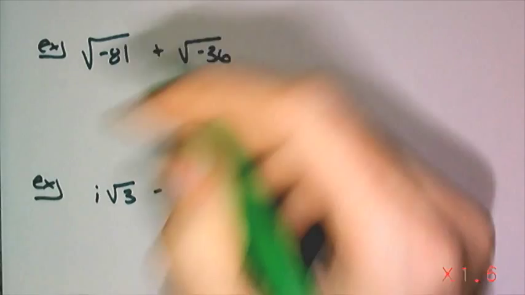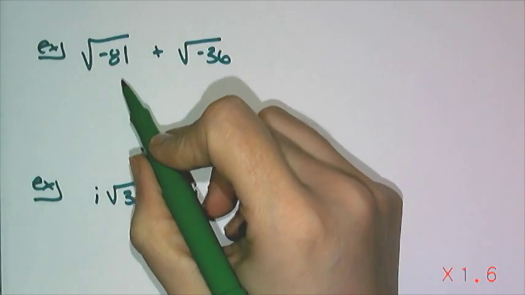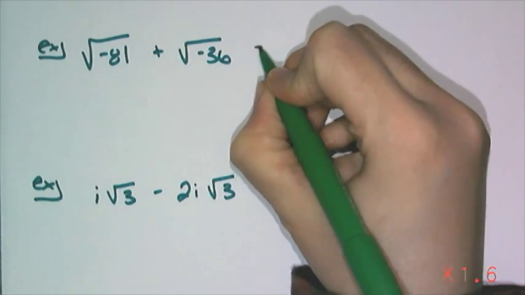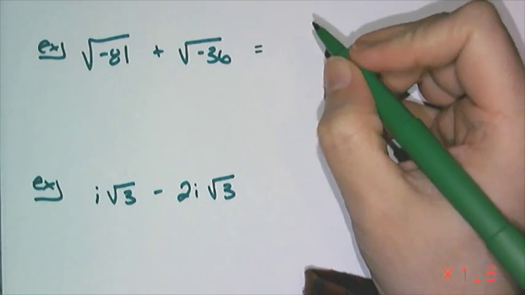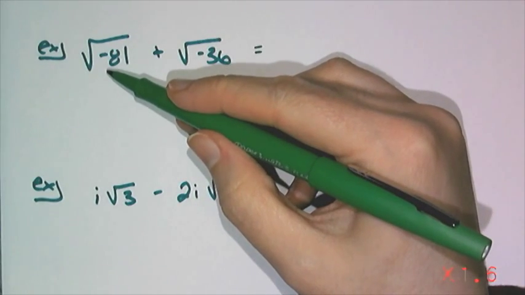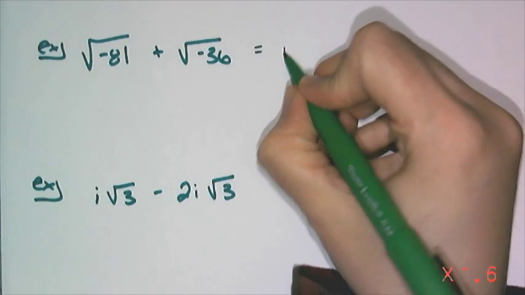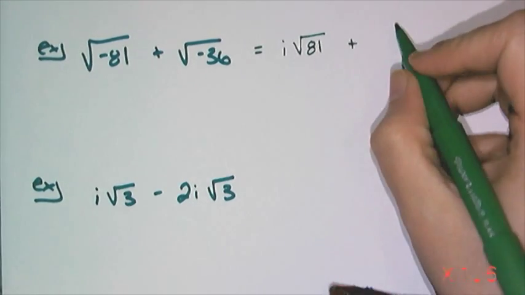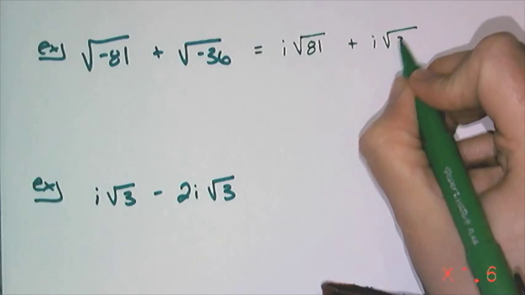So for example, if I see the square root of -81 plus the square root of -36, I am going to convert those into imaginary format with an i. So the square root of -81 is i root 81, and the square root of -36 is i root 36.